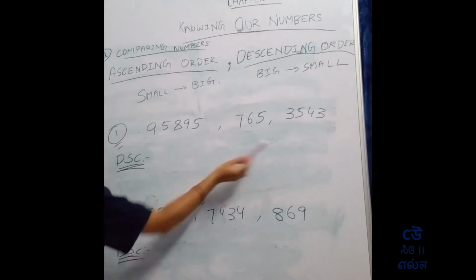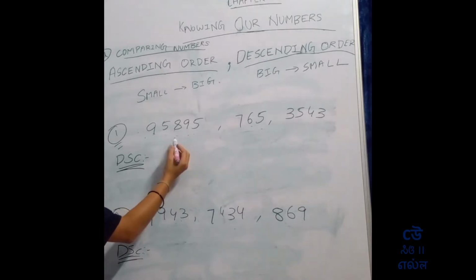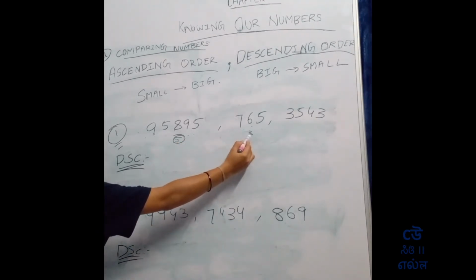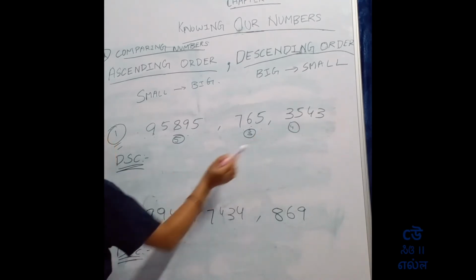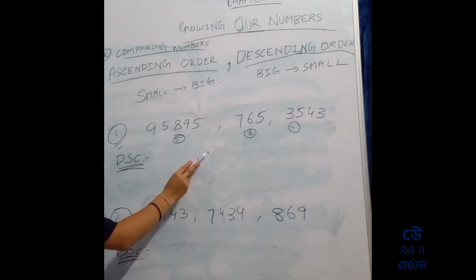In the first number, how many digits do we have? 1, 2, 3, 4, 5. 5 digits. In the next, 3 digits. Here, 4 digits, right? So in these 5, 3, 4 we can easily identify which is the biggest number and which is the smallest.